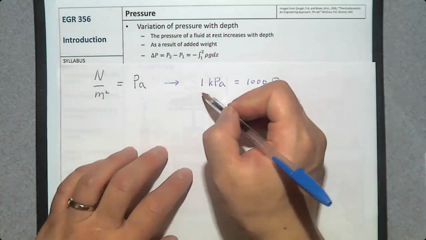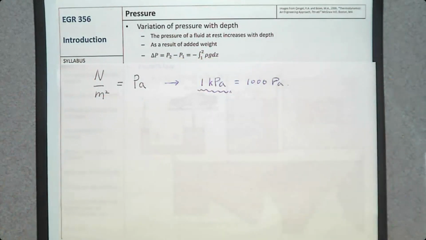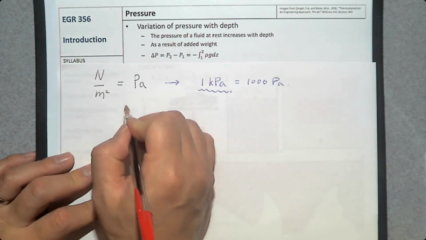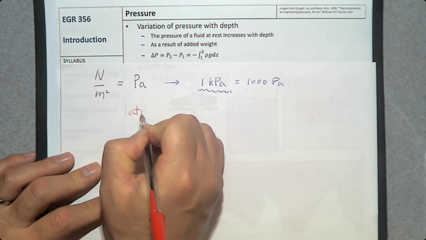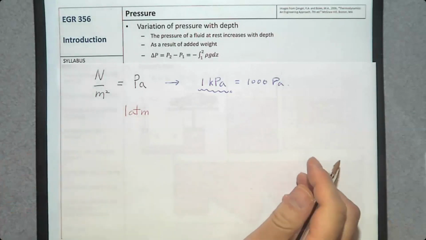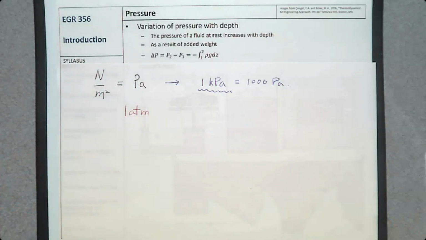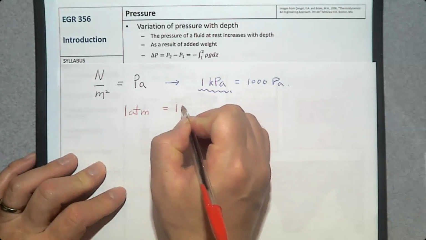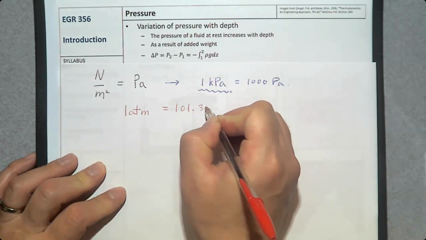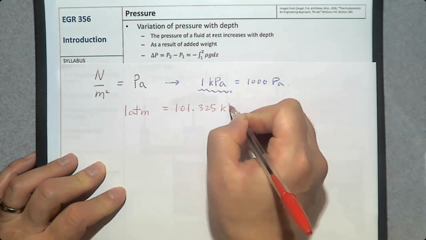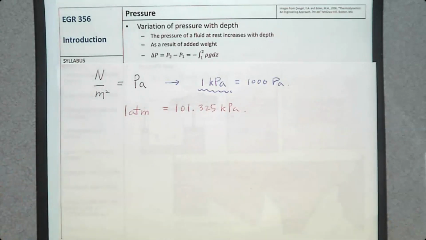Then how big is 1 kilopascal? The atmospheric pressure, 1 atm, is the pressure at sea level, which is 101.325 kilopascal. So we know two units.